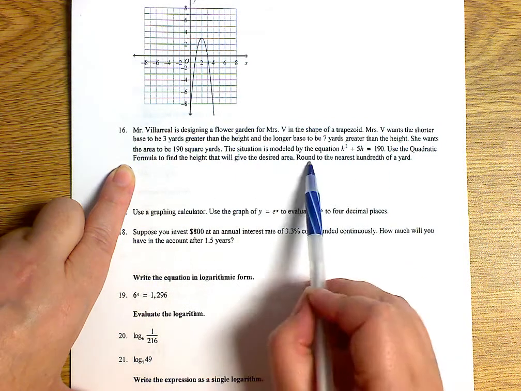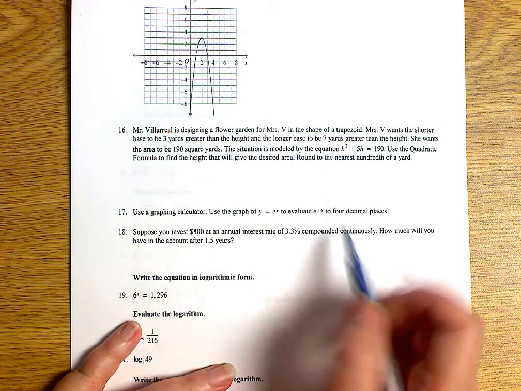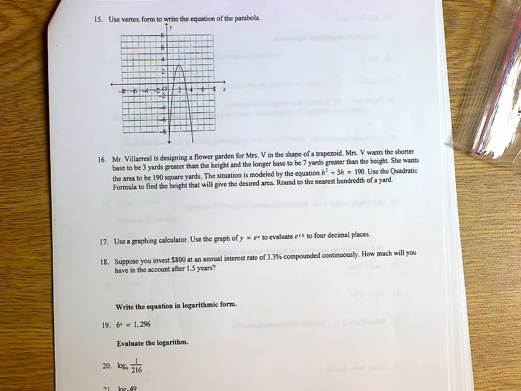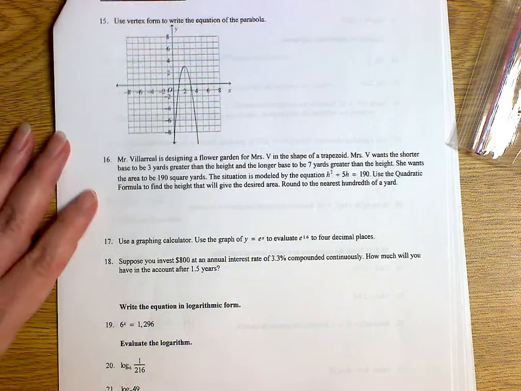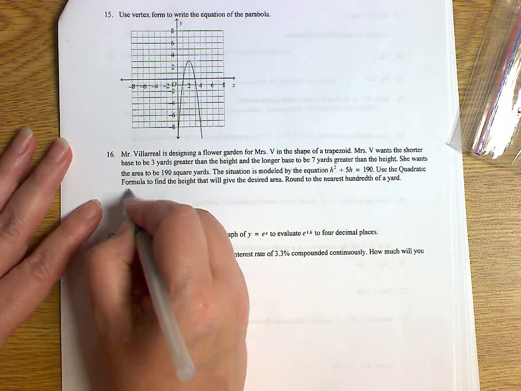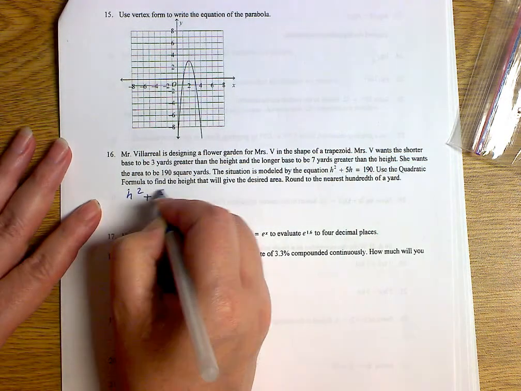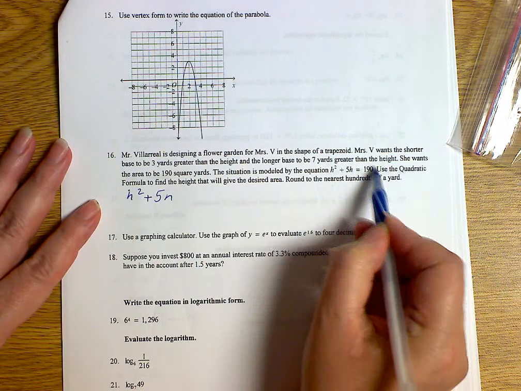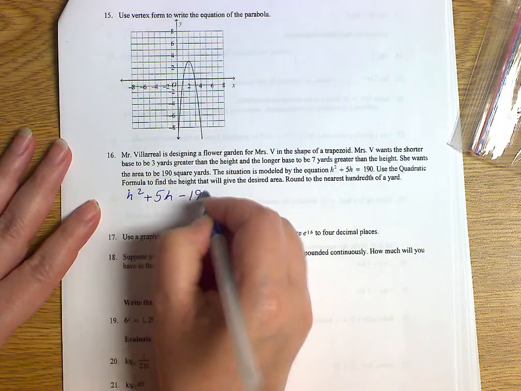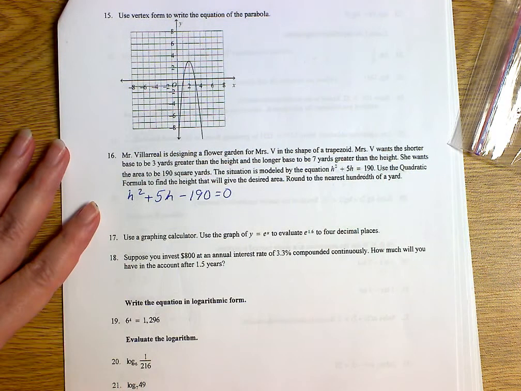So we're going to use the quadratic. We have h squared plus 5h, and we're going to bring this over to the other side: minus 190 is equal to 0. To be able to use the quadratic, you have to have it set to 0.